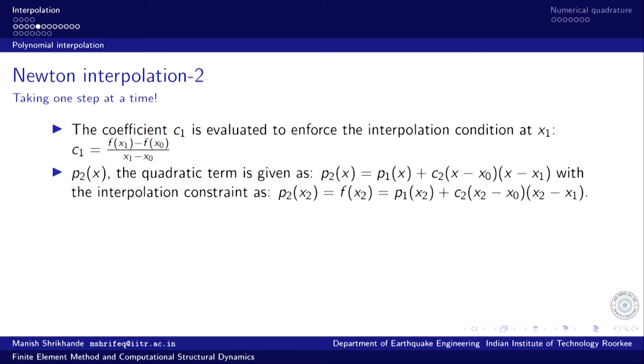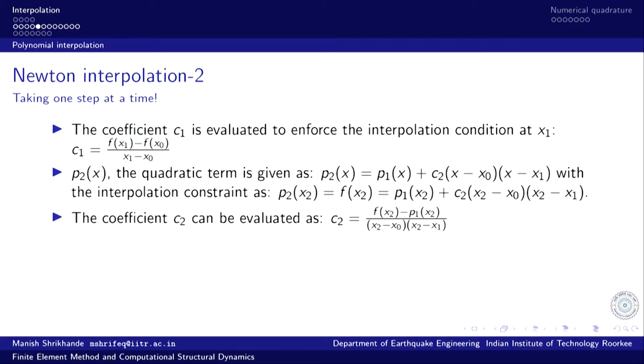When we impose this condition, you get the coefficient C 2 as f of x 2 minus the first degree polynomial evaluated at x 2, divided by x 2 minus x 0 multiplied by x 2 minus x 1. So, this is how it is recursively built using the previous approximation.